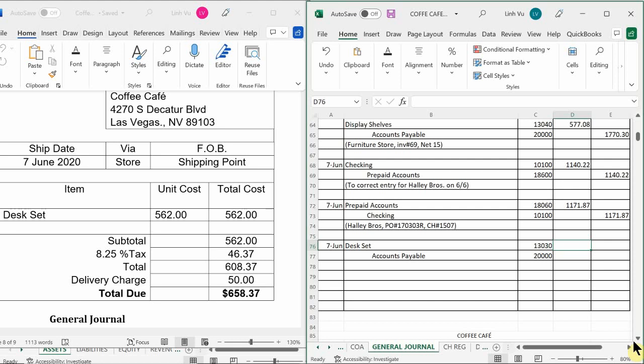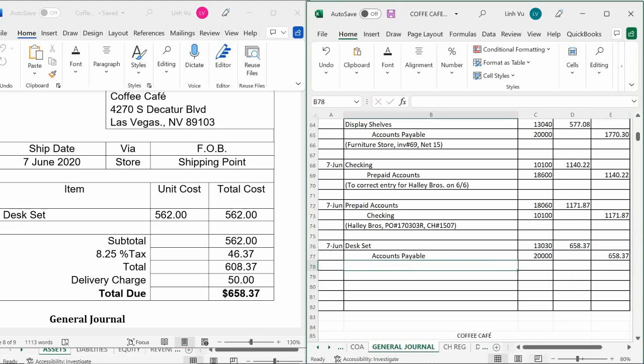So this is going to be everything that you need to calculate this cost. And on top of that, it's a desk set. It's not going to take that much hard labor to put a desk together. You don't need to pay anybody to put a desk together, so it is ready for service. So $658.37 is my total amount for my desk.